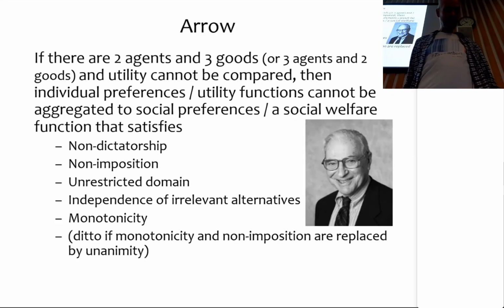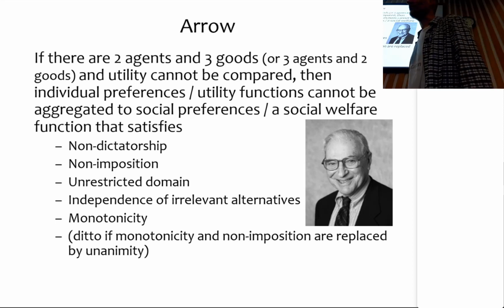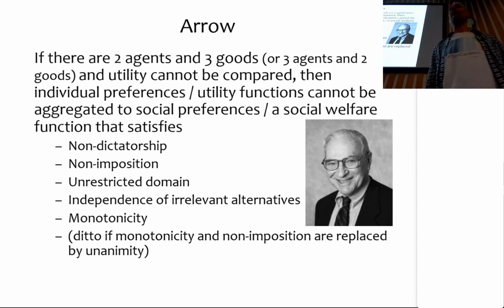But by now somebody should have told you also about Arrow's impossibility theorem, which says that there cannot be a social welfare function that satisfies the following axioms or criteria. Of course, there can be a social welfare function. That is just something that we can agree on.